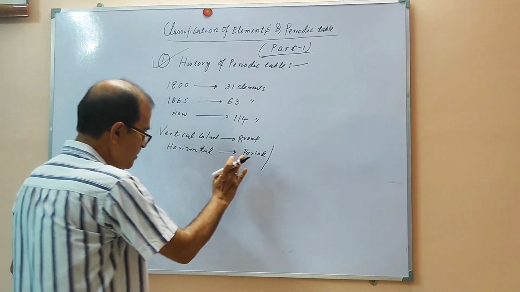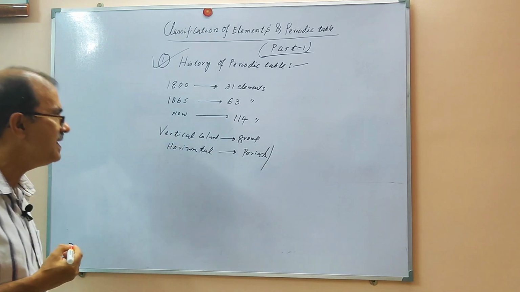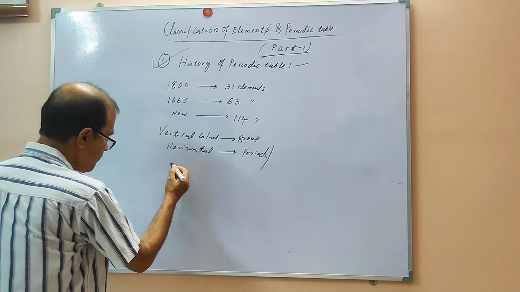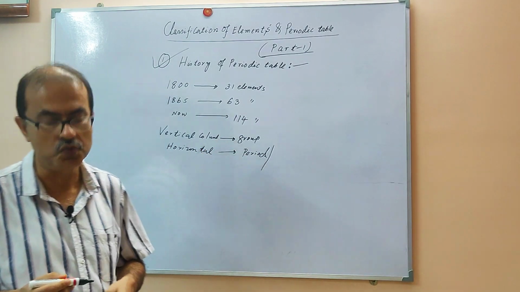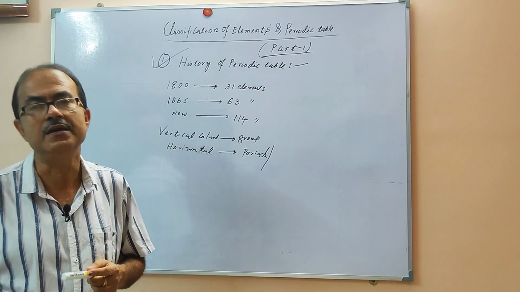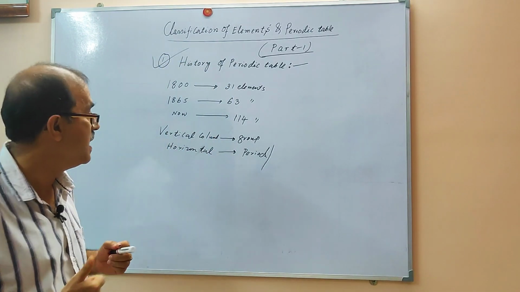So you can see the horizontal row and the vertical column in the periodic table, and in the vertical column or group, there is a placing of elements which have similar properties.